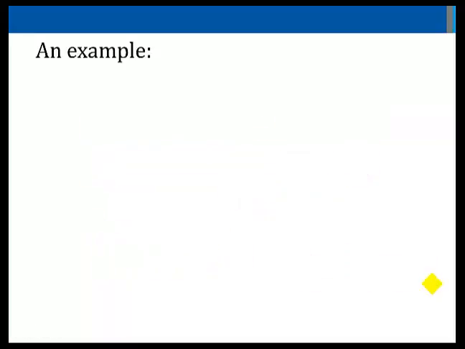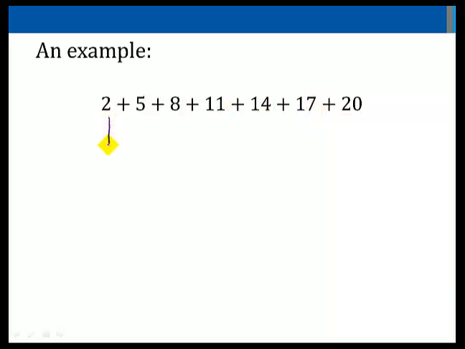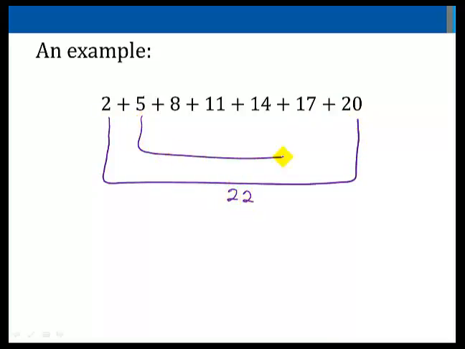So let's try that. Let's look at the arithmetic sequence 2, 5, 8, 11, 14, 17, 20 and add together the numbers in the sequence, starting with 2 plus 20, which is 22, then 5 plus 17, 22, 8 plus 14, 22, and 11 is 1/2 of 22.